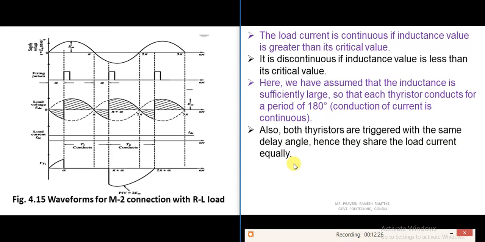Also, if both thyristors are triggered at the same instant and with the same delay angle, they share the same load current, meaning the load current is equal for both SCRs.